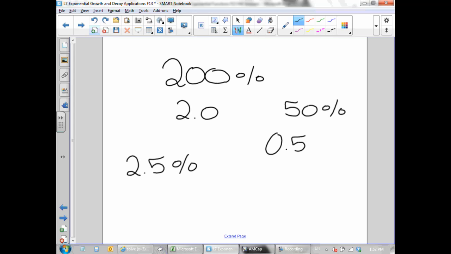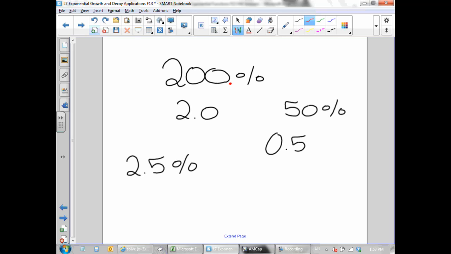How do we write it? These are basics you should have mastered in grade 8, 9, 10. So I'm going over them just to make sure. How do you change 2.5% into a decimal? Let's look at how we did this. We had 200%.